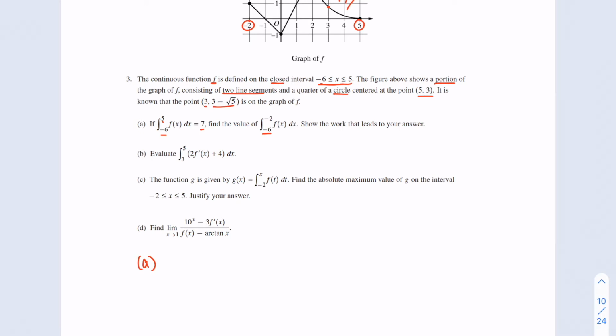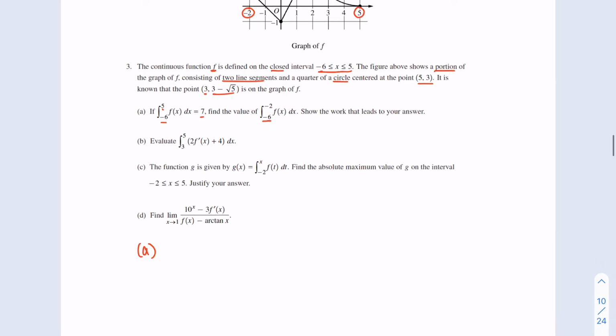So part A, given the integral from -6 to 5 of f(x) dx equals 7, find the value of the integral from -6 to -2 of f(x) dx. Based on the property of integrals, the integral from -6 to 5 of f(x) dx equals the integral from -6 to -2 plus the integral from -2 to 5.